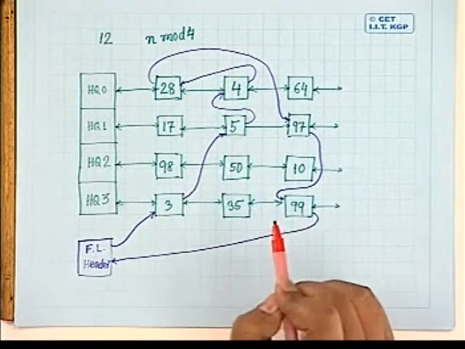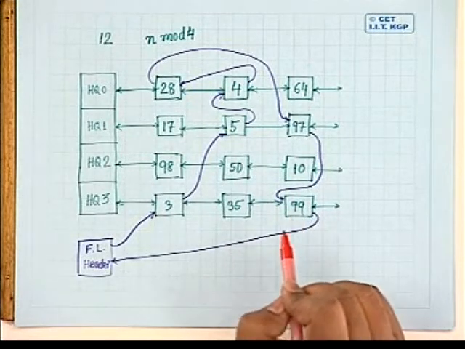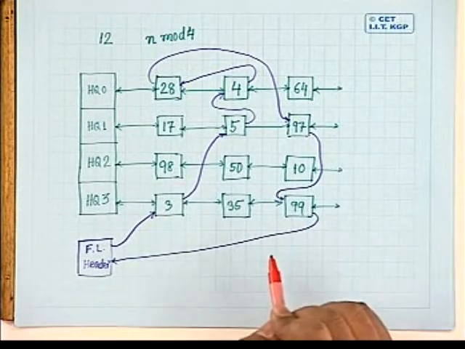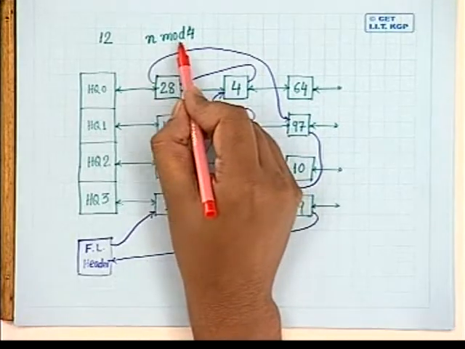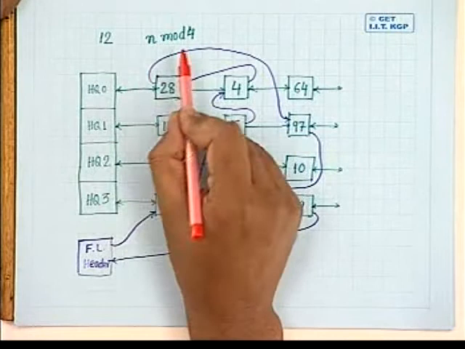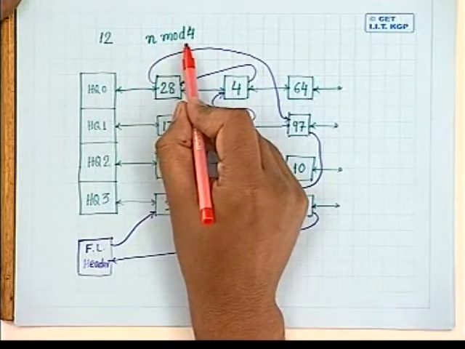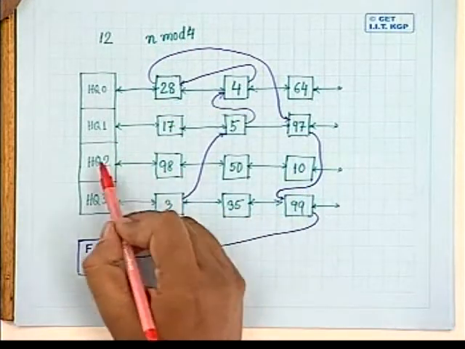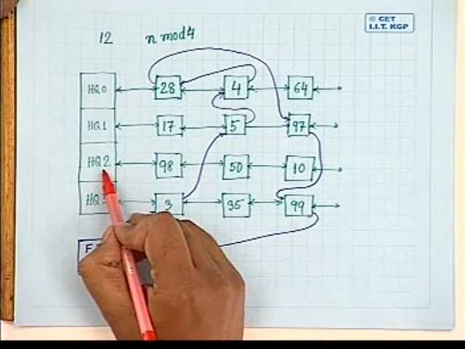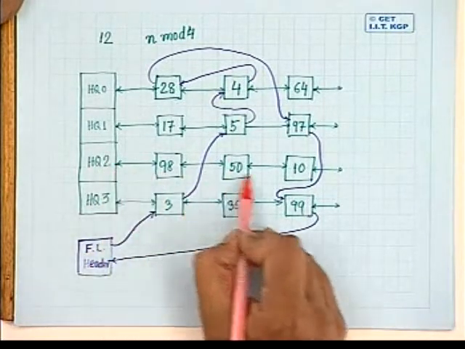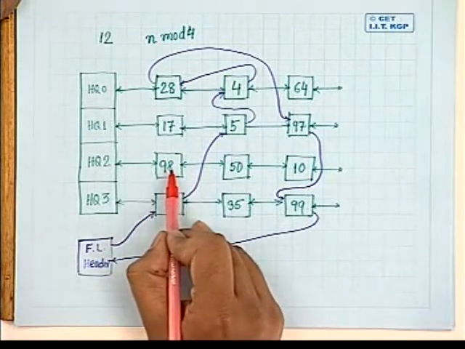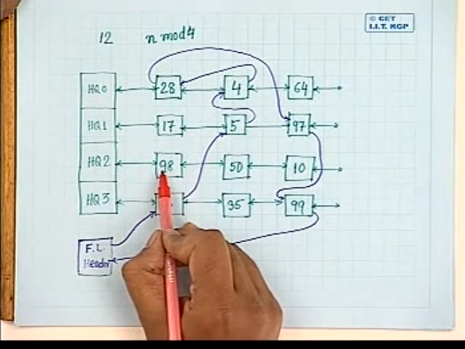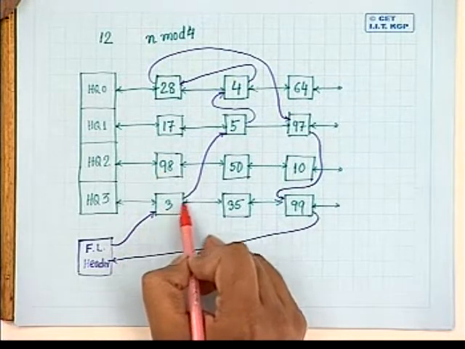Now in this situation, if a process puts in a request for, say, block number 98, immediately 98 mod 4 will be computed. After computing this mod function, we find that block number 98 should belong to hash queue 2. So the kernel checks hash queue 2, and here it finds that block number 98 is present in the hash queue. But it is not present in the free list.